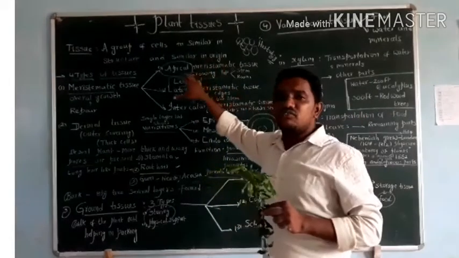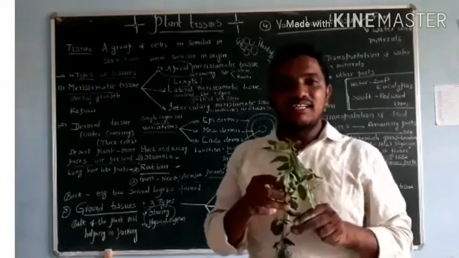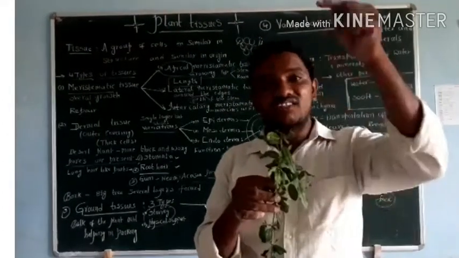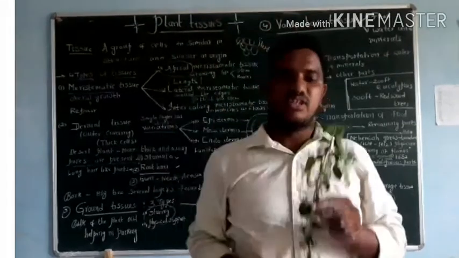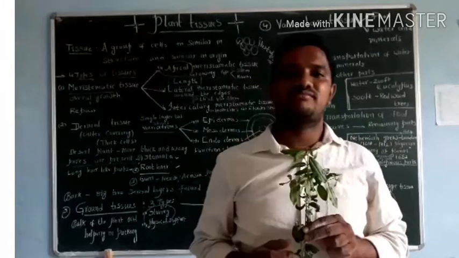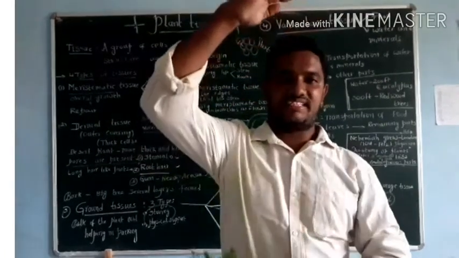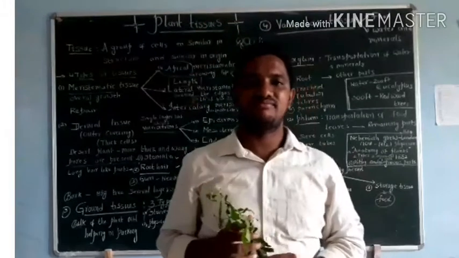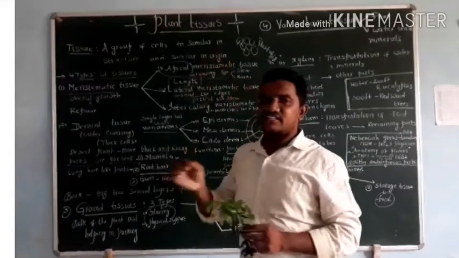What is the use of apical meristematic tissue? It helps in growing the length of the plant. The plant grows upwards, and roots grow inwards in the soil. Finally, plants grow in length. That is the function of apical meristematic tissue.